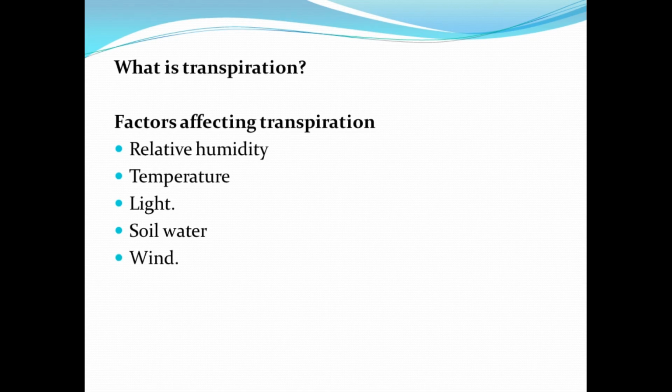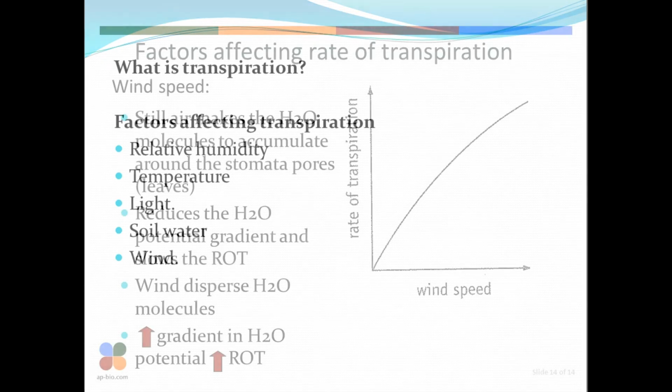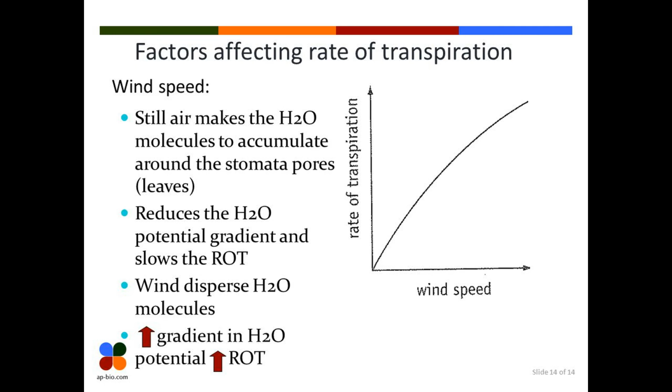The last factor that I'm going to look at today is wind. This environmental factor affects transpiration by removing that thin moist layer of air called the boundary layer, which lies next to the surface of the leaf. This moist air causes a lesser water potential gradient from the leaf, resulting in a reduced rate of transpiration.